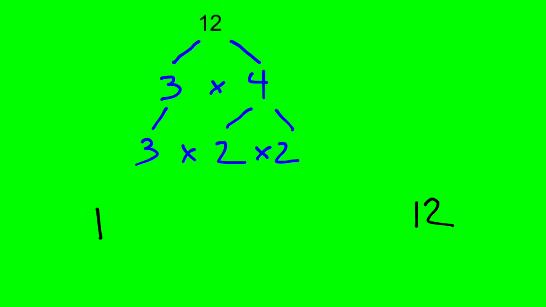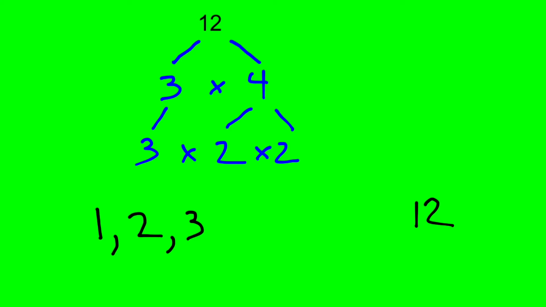Now, let's look at the bottom row on our factor tree, and let's look at just the single numbers. We have a single 2. That means 2 will be a factor. And we have a single 3. That means 3 will be a factor of 12. We might know these already, but that's okay. Those are all the single numbers.